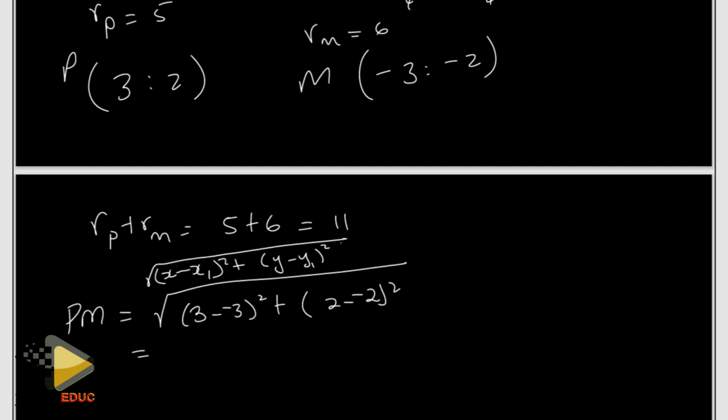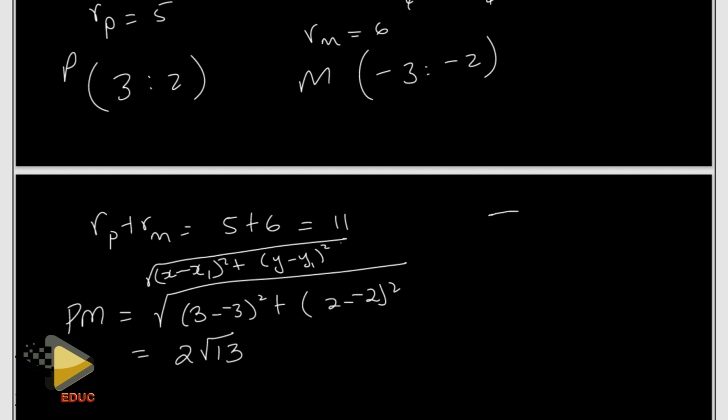When you do the substitution, that's going to be 6 squared plus 4 squared, I'm getting 2 root 13. Let's just confirm that: 6 squared plus 4 squared is 52, which is 2 root 13.